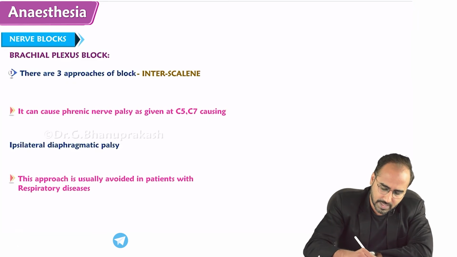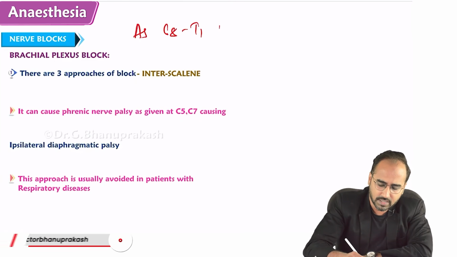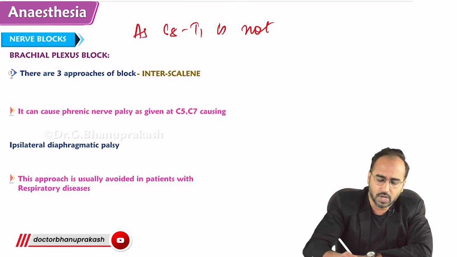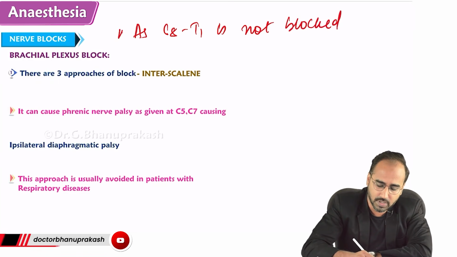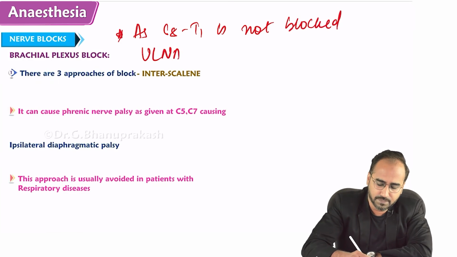As C8 to T1 is not blocked, the nerve that is spared over here is what? As C8 and T1 are not blocked, the ulnar nerve is spared.